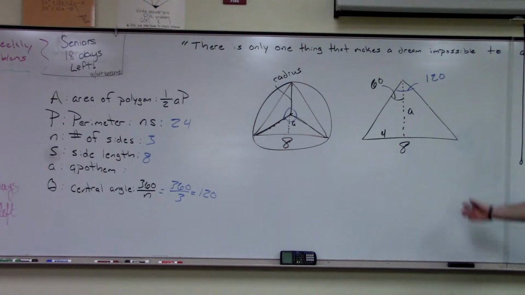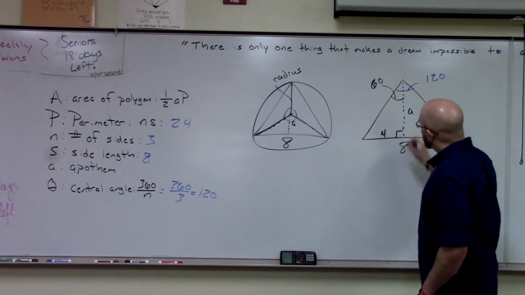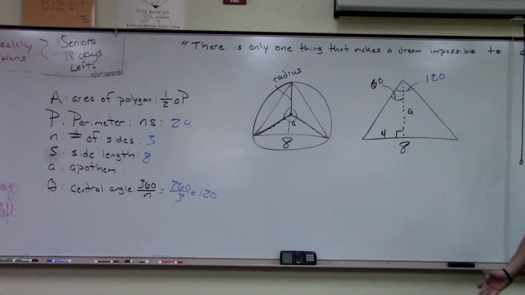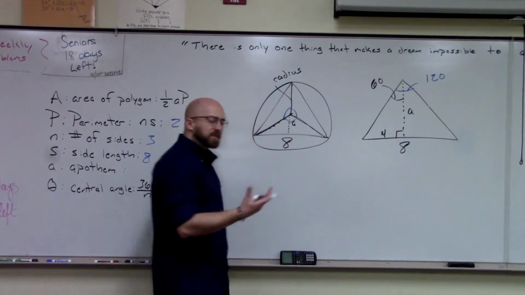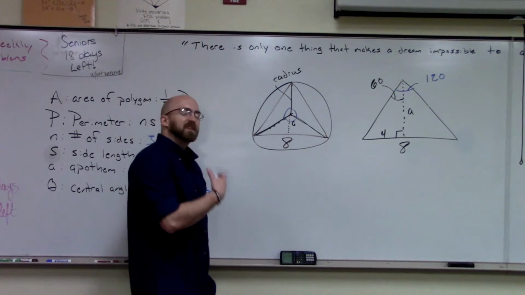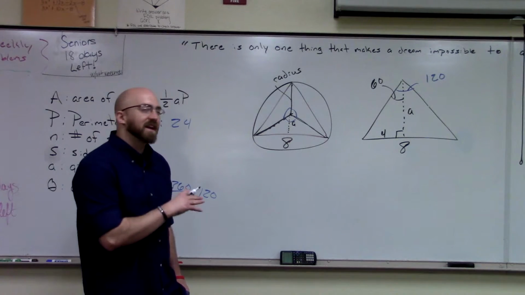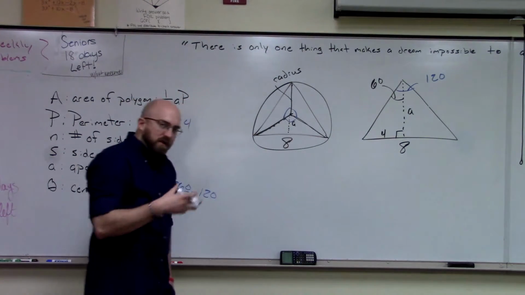So now we need to find our height, our apothem. Now since we cut it in half, this forms a right angle. Let's use trig. I mean, it's a special right triangle, you can use that, but I say get in the habit of using trig, because it's going to happen all the time, and most of your polygons won't have special right triangles.